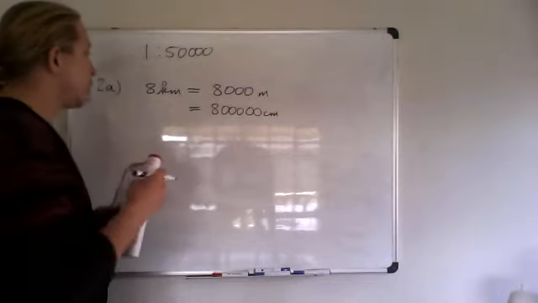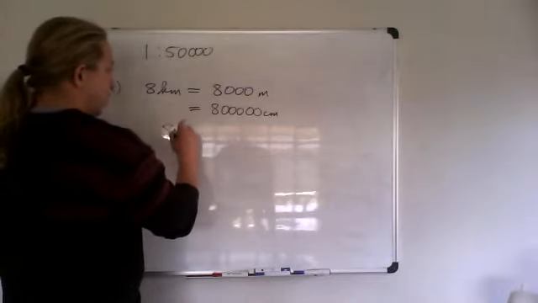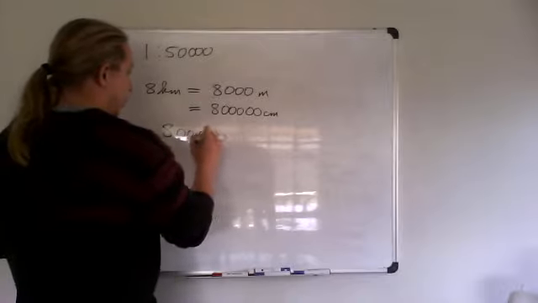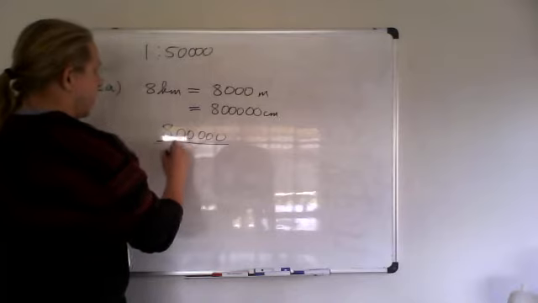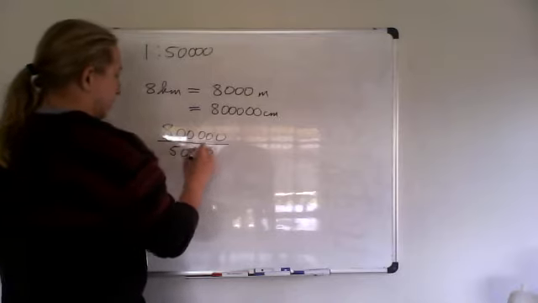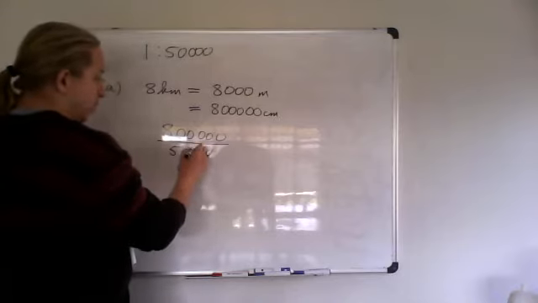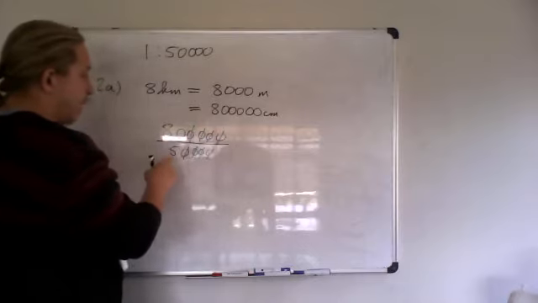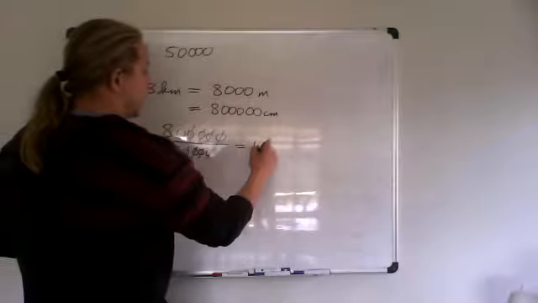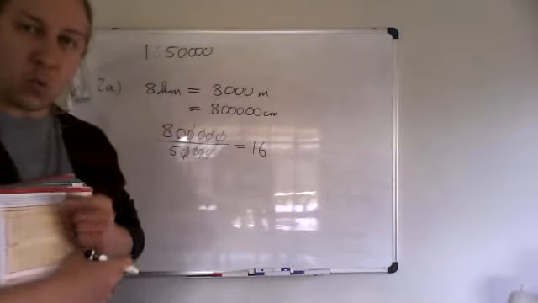Okay, so we're going to say that 800,000 centimeters divided by 50,000. Okay, 1, 2, 3, 4, 1, 2, 3, 4. 80 divided by 5 is going to give us 16. 16 what?